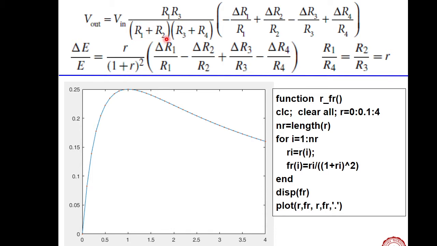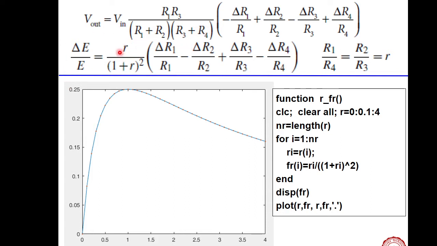You take out R1 as a common factor from here, R3 as a common factor from here, and this R1, R3 will get cancelled. This will become 1 plus R, and this will become 1 plus 1 by R. So, here you will get 1 plus R whole square, and that 1 by R will again go in the numerator.